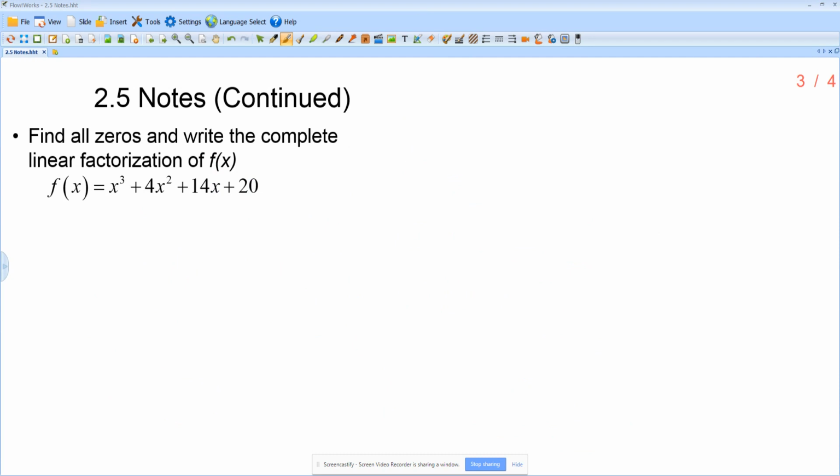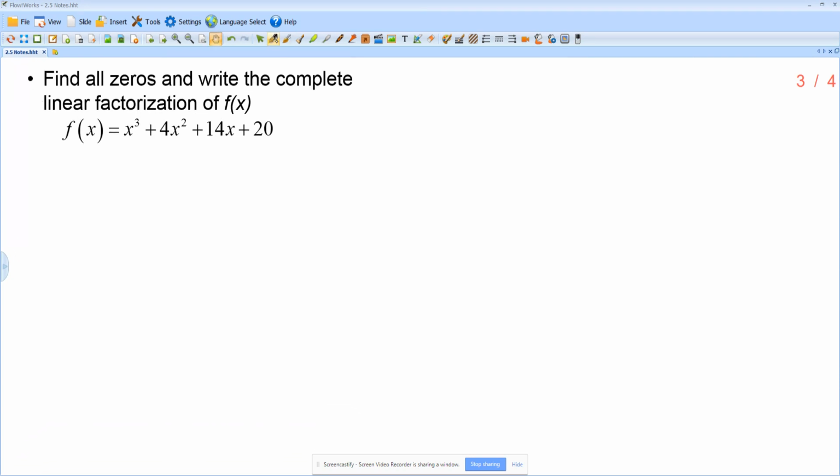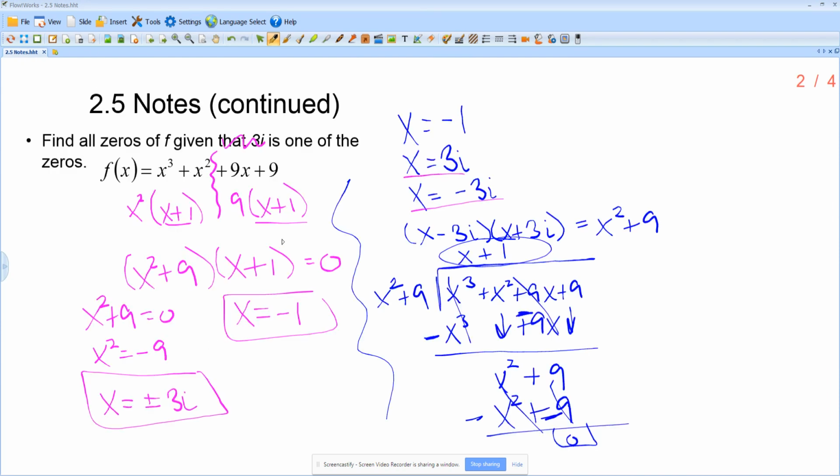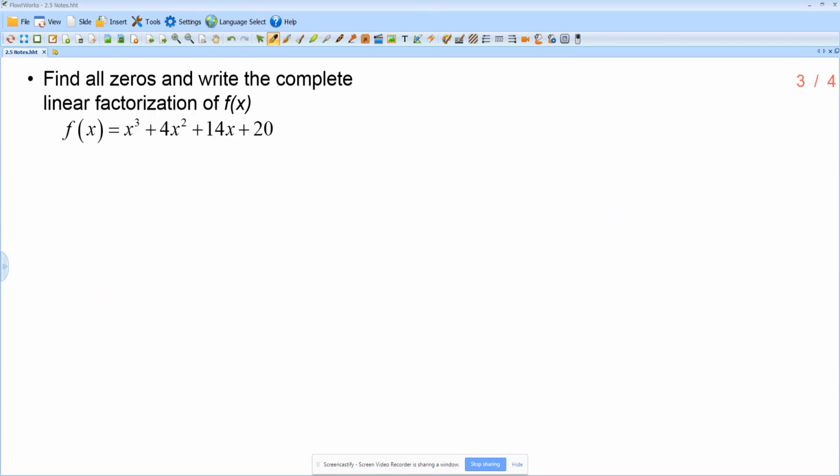All right, moving along, find all zeros and write the complete linear factorization of x cubed plus 4x squared plus 14x plus 20. So first, if you tried to factor by grouping here, you would not get these matching binomials, which means we cannot factor by grouping. And then we look at it and we're like, okay, I can't do a trinomial because it's not a trinomial. I can't do dots. I can't complete the square because this is cubed.